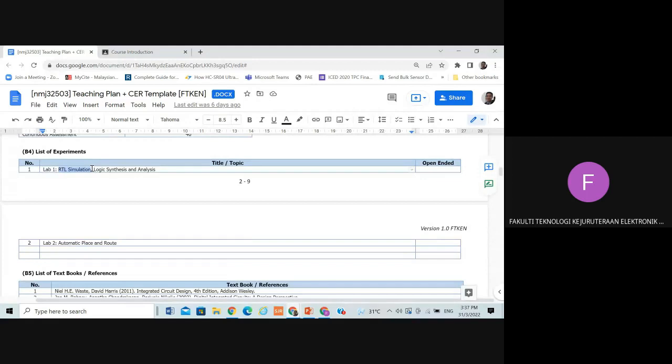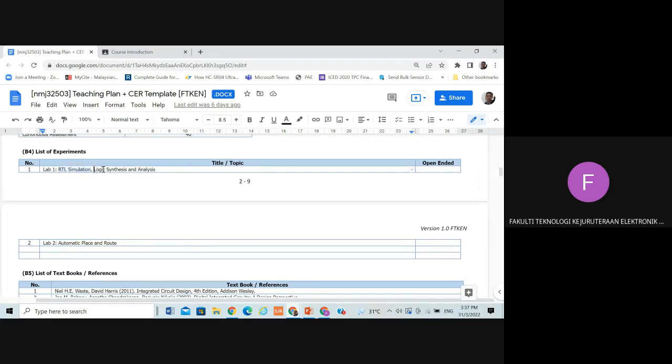For digital IC design, we use Quartus II, but for this subject, we use Synopsys. You can also use Quartus to double check, but it is not compulsory. It is actually extra effort from the student. We will use Synopsys software to do the RTL simulation.